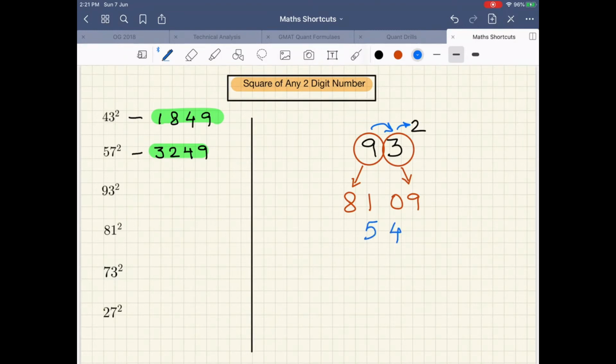So we'll write 54. Now we need to add. So I get 9, 4, 6, 8. So the answer is 8649.